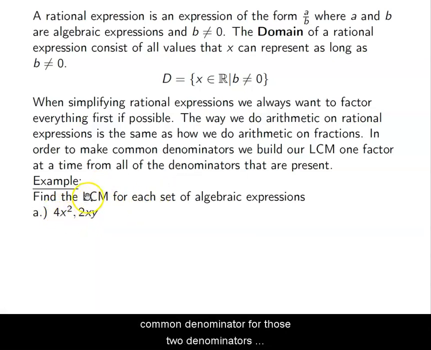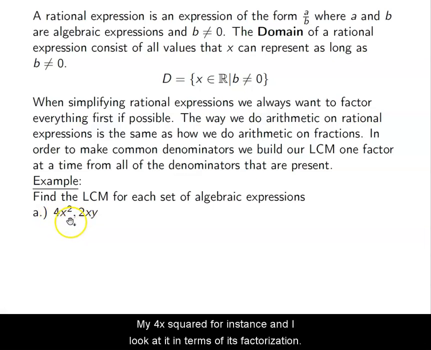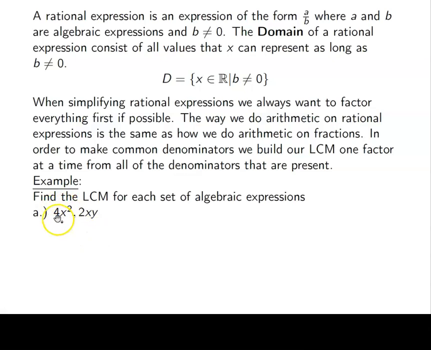Well, I need to find the LCM or common denominator for those two denominators, okay? So we're assuming that these are two denominators from two separate rational expressions. So the way that we do this is we build it one at a time, okay? I take my 4x squared, for instance, and I look at it in terms of its factorization, right?